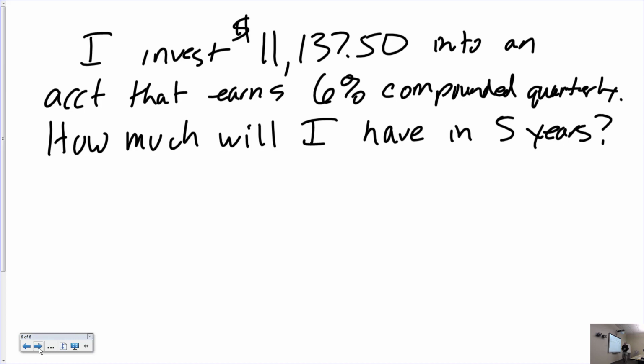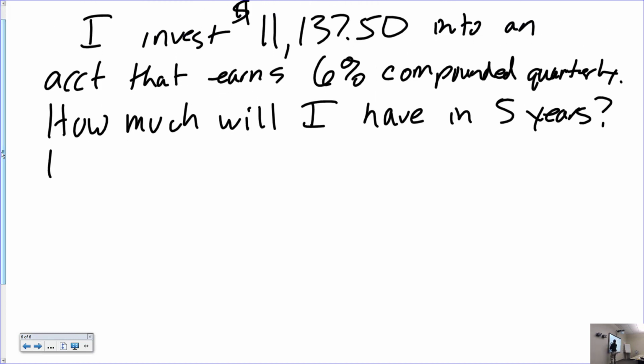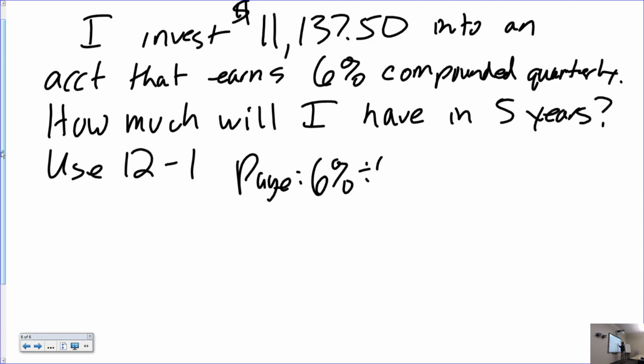So in this particular problem, since we're going forwards, we're going to use the 12-1 table, the compound value one. Technically, what page are we going to go to, folks? 1.5. 6%, since it's compounded quarterly, we're on the 1.5% page.